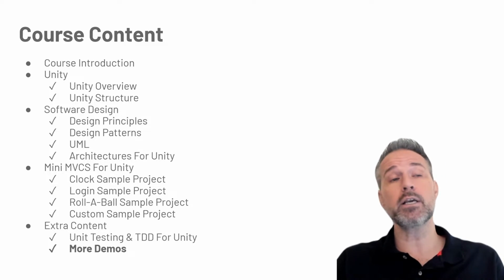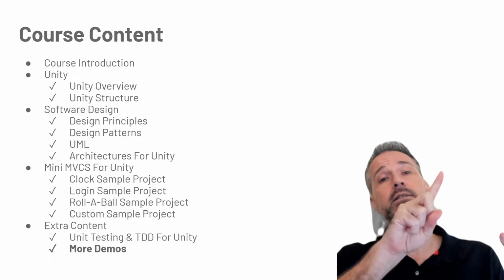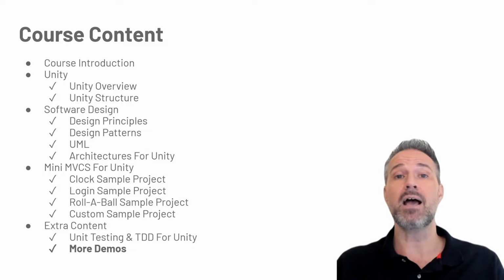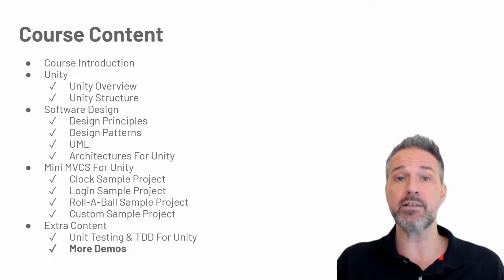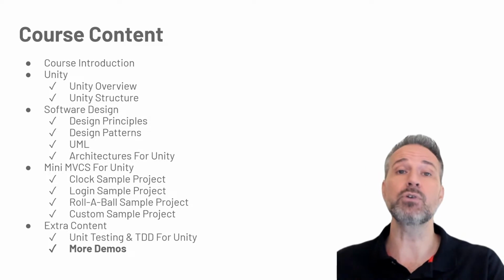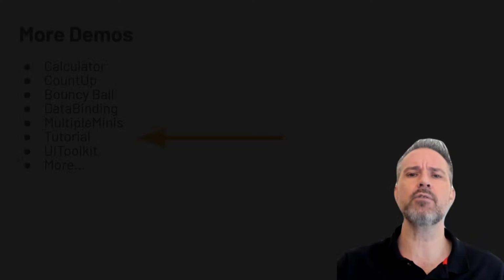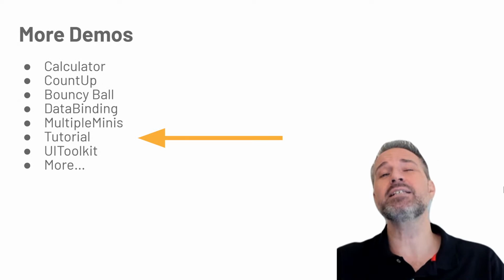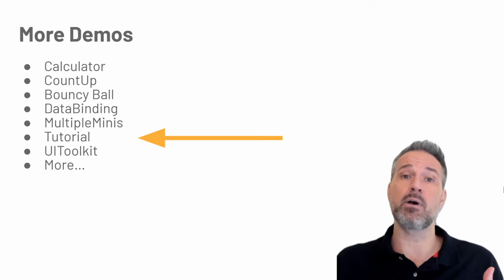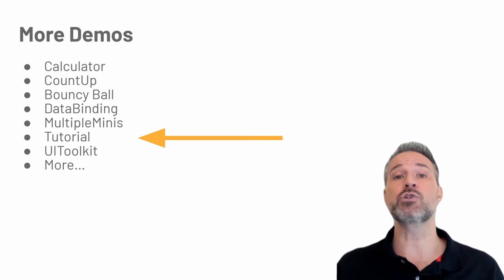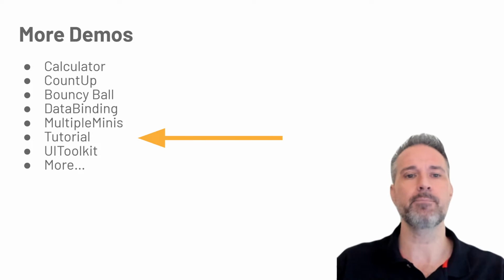The spoiler alert here is that you want them because they help you scale projects, create more maintainable code, and have more error-free workflows as you're building a project that scales. It includes lots of different stuff. One thing we've added here is 10 or more additional demos since the course was first created. And one of them is how to do a tutorial. And that's the one we're going to look at now.